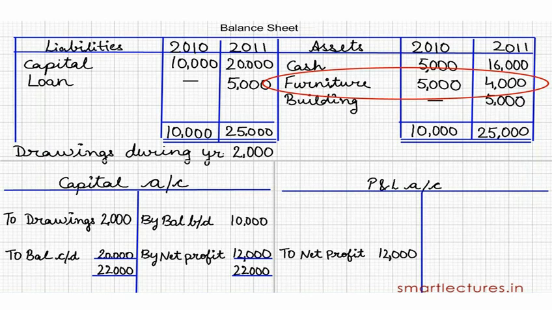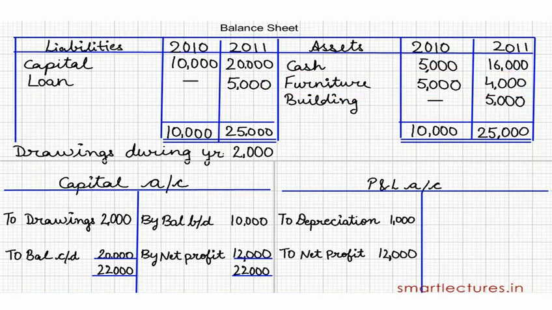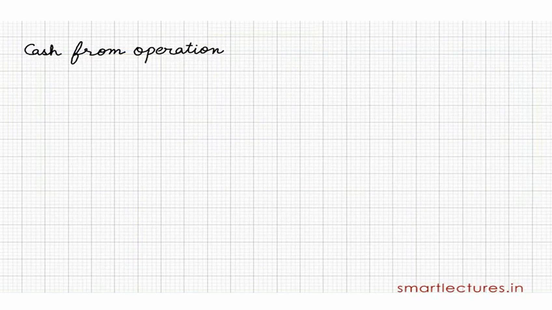So it must be depreciation. If there is depreciation on furniture, it must be placed on the debit side. So on the profit and loss account, debit side, to depreciation, rupees 1,000. I don't know the other items, but on the basis of available information, I can say this should be the profit and loss account. And to calculate cash from operation, what will I have to do?